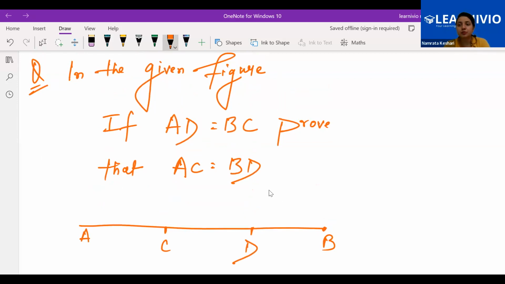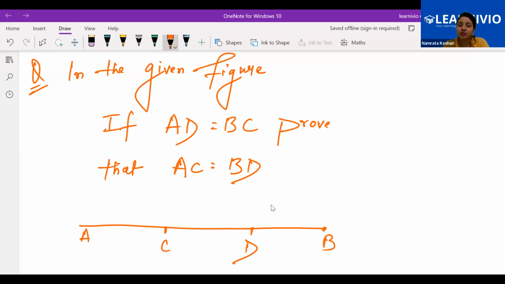How can we do so? By using the third axiom. By using which axiom? Third. You said, Samya? Yes, ma'am. Okay, Samya is saying third axiom. Not sure. Rest of the students, please give your opinion first.